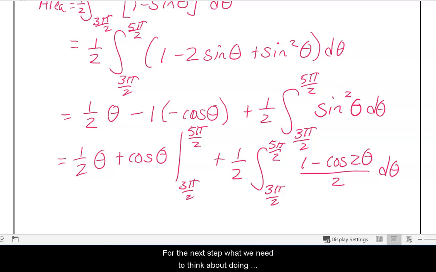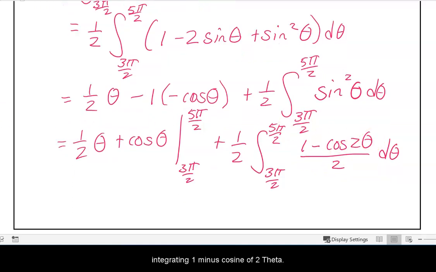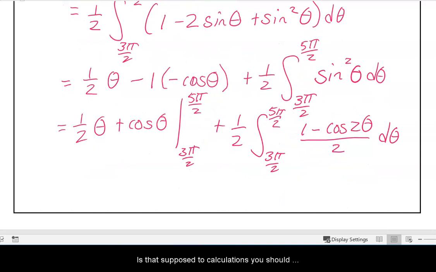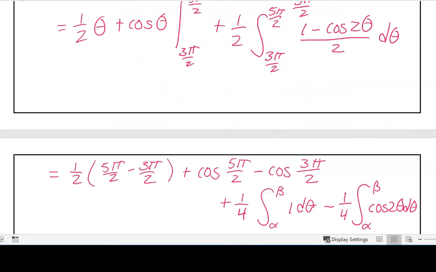For the next step, what we need to think about doing is plugging in the limits of integration to the first 2 terms, pulling the 1/2 out of the integrand, and then integrating 1 minus cosine of 2 theta. Since that's mostly calculations, you should pause the video here, do the work, then turn it back on to see whether or not you got the right answer.